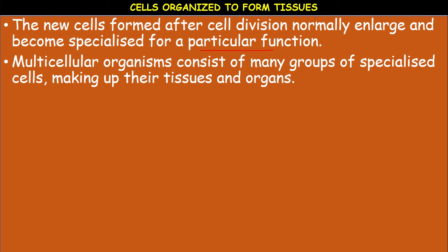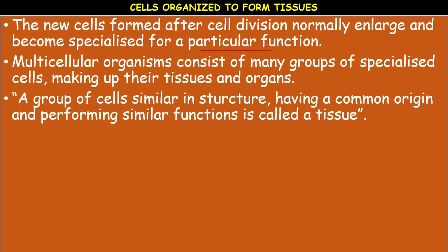Multicellular organisms consist of many groups of specialized cells making up their tissues and organs. In unicellular organisms, there is no cell differentiation because only a single cell is present, but in multicellular organisms we find there is cell division as well as cell differentiation. The cells are differentiated to form the tissues.